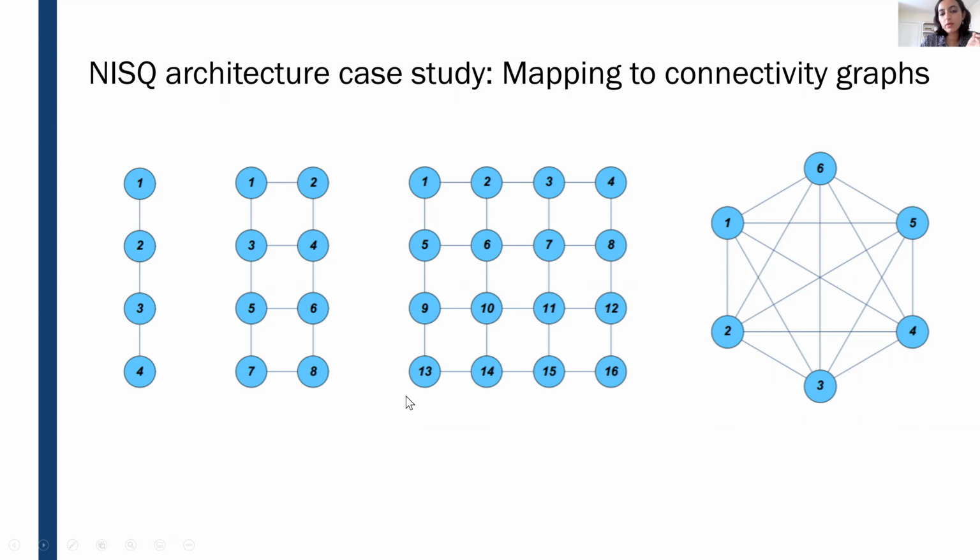However, with the solid state platforms like superconducting qubits or quantum dots, you will typically have a 2D connectivity graph, which could be like a ladder like this, or a square lattice like this, or some other designs as well. And some of the initial solid state platforms just had, for instance, linear connectivity graphs.